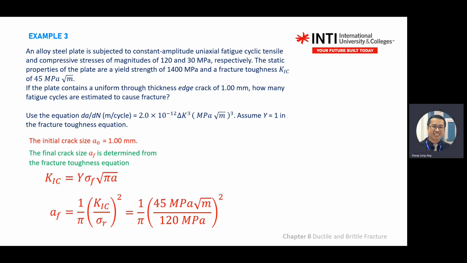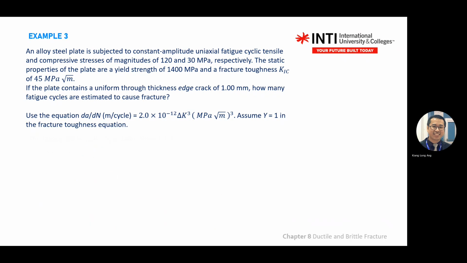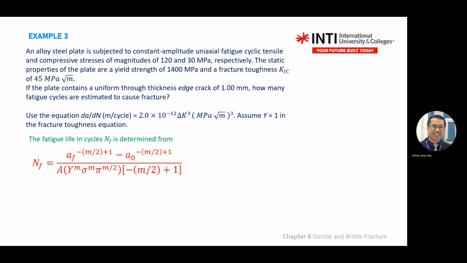Again, the careless mistake in assessment is that you calculate the compressive stress in your range. Here, you take 120 minus 30. Just be careful on this one. Then you press the calculator, and you get the crack size, 0.0449 meter.